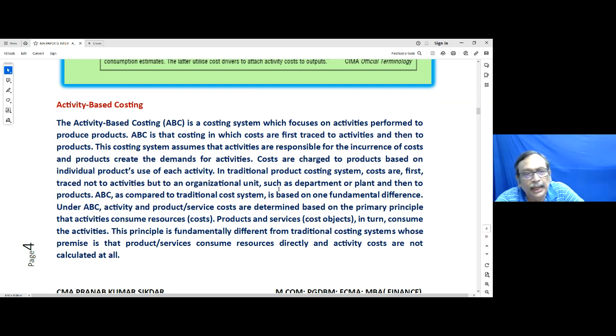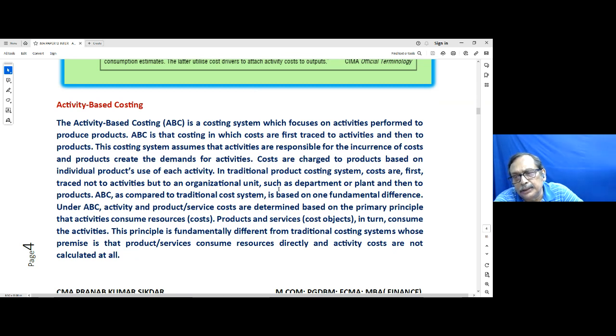So it is a very important line. Cost will be incurred based upon the different activities. Based upon the different products, we are going to have different activities that we are going to correlate. Costs are charged to products based on individual products' use of each activity.